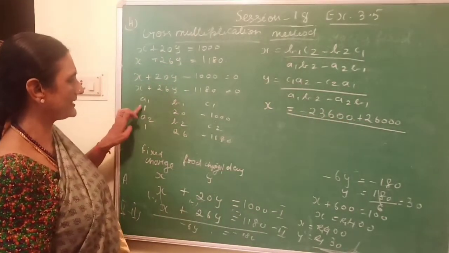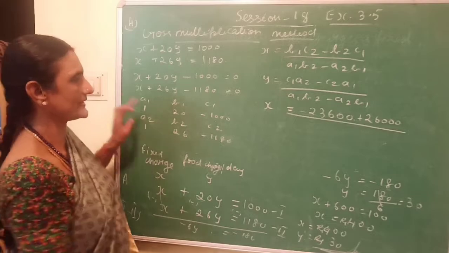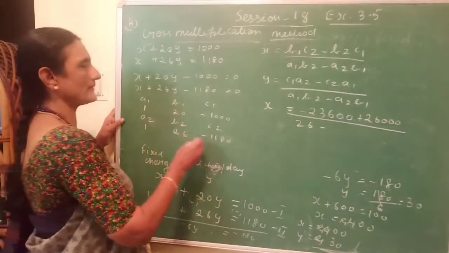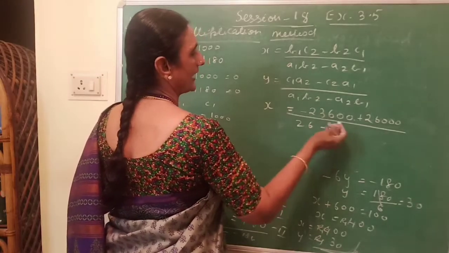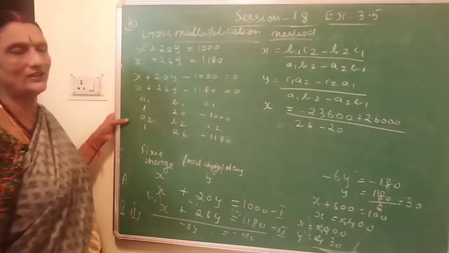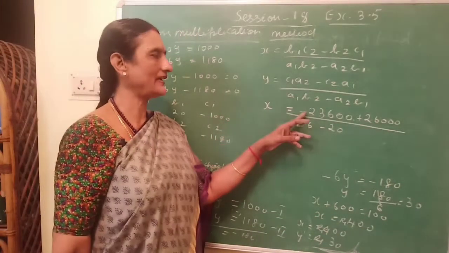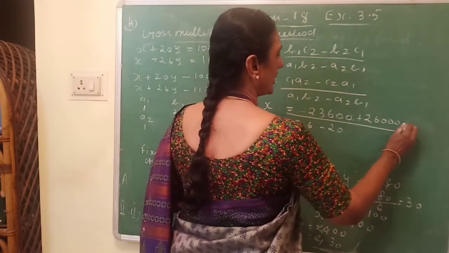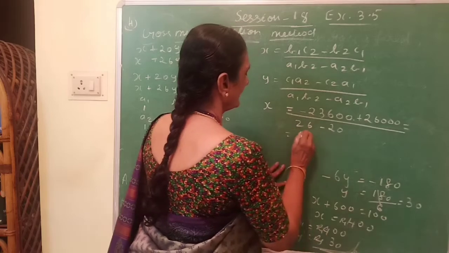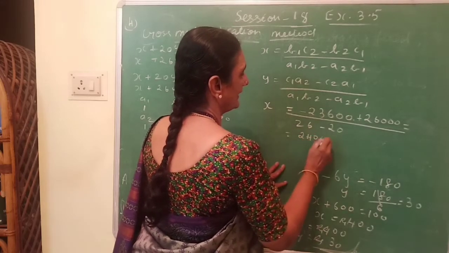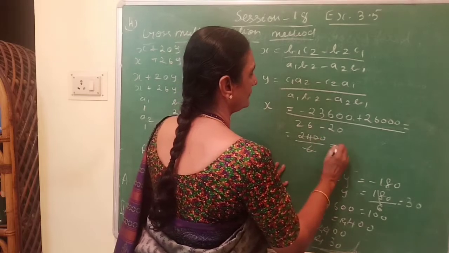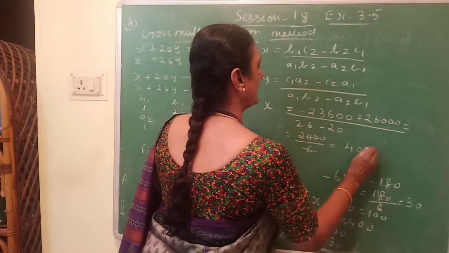What is a1b2? It is 1 into 26, so it is 26. What is a2b1? Minus 20. Now can you tell me the subtracted value? 26,000 minus 23,600 is going to give you 2,400. 2,400 by 6 is going to give you 400 as the answer.